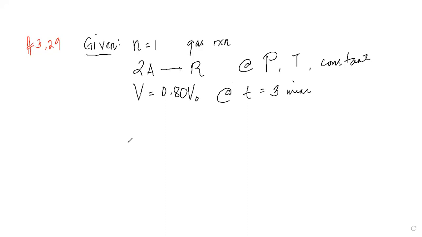Now, it is to be noted, however, that there is this phrase, the volume of the reaction mixture starting with 80% A. So you did not start with 100% A, but rather you have some inerts present in your A in this particular reaction. So A here is not 100% pure.